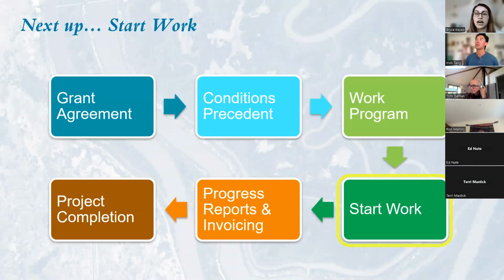For insurance, I am not familiar with if there are any differences, Jack, with what the insurance is required, but while Irvin is presenting, I can take a look at our grant agreement template and see if there's any differences.